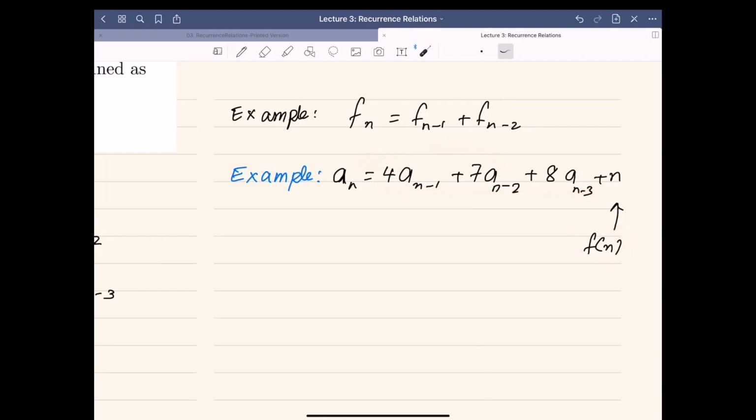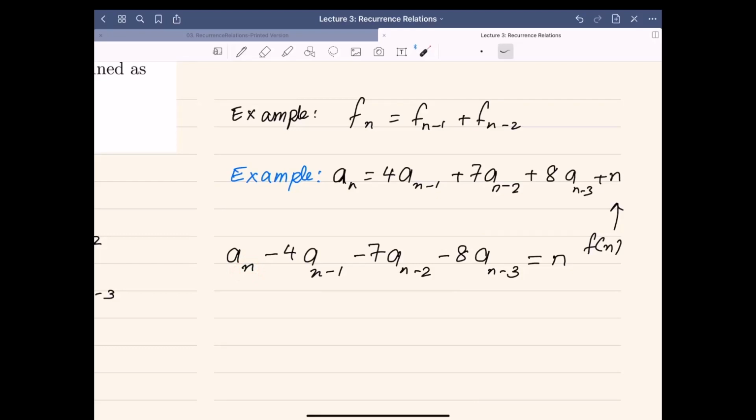After we arrange this, we will have a_n minus 4a_{n-1} minus 7a_{n-2} minus 8a_{n-3} equal to n. Look at the subscripts n minus 1, n minus 2, n minus 3 in descending order. So you have to start with the largest one and then keep going down.